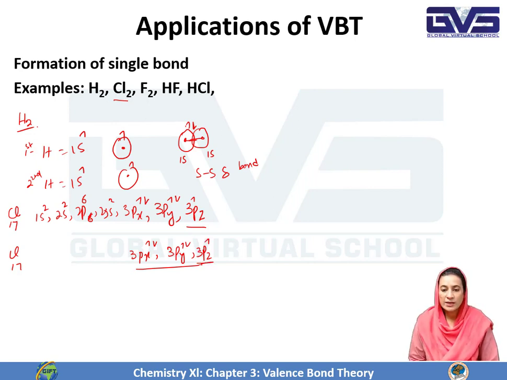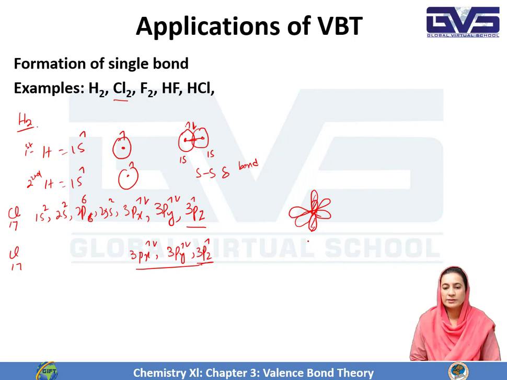Now draw the p orbitals on chlorine. According to your easiness, this is px, this is pz, and this is py. It has one electron.